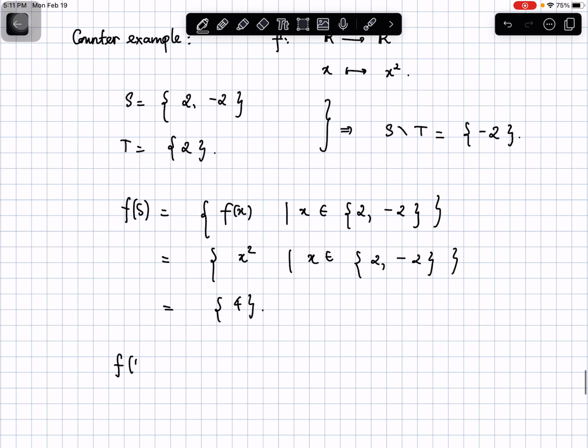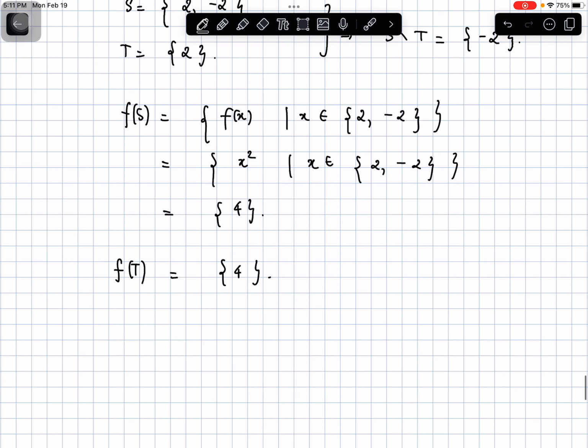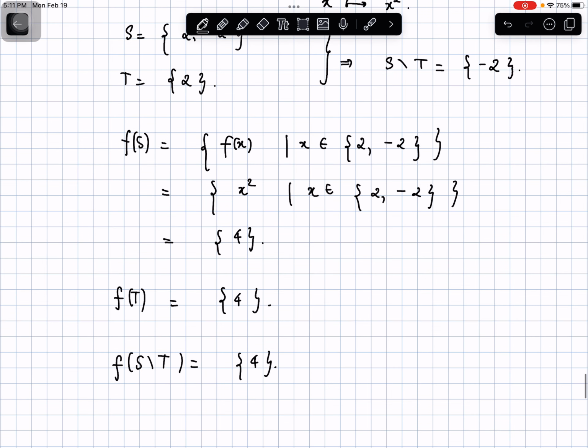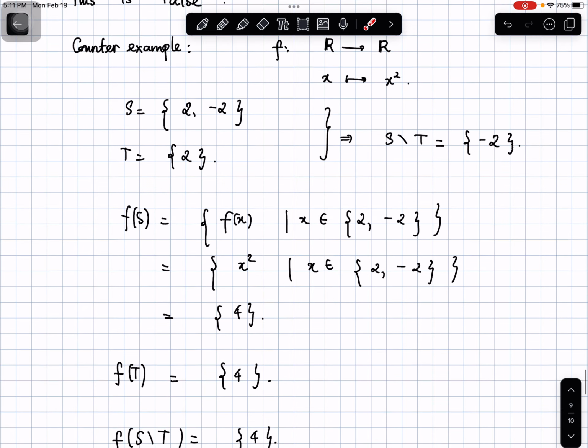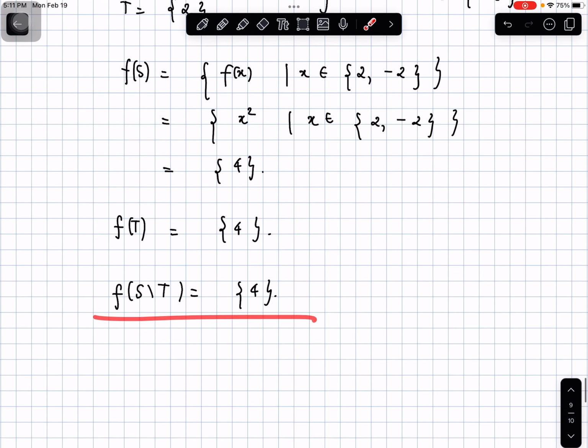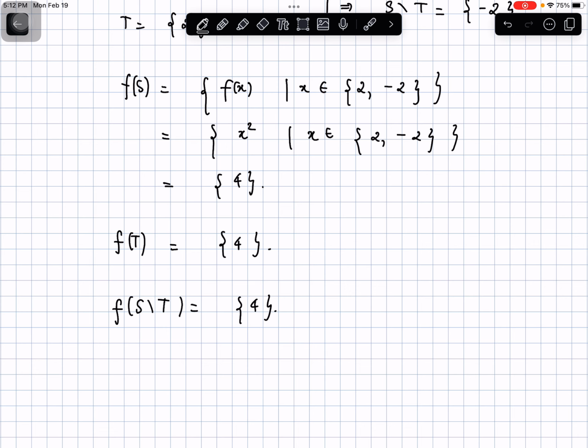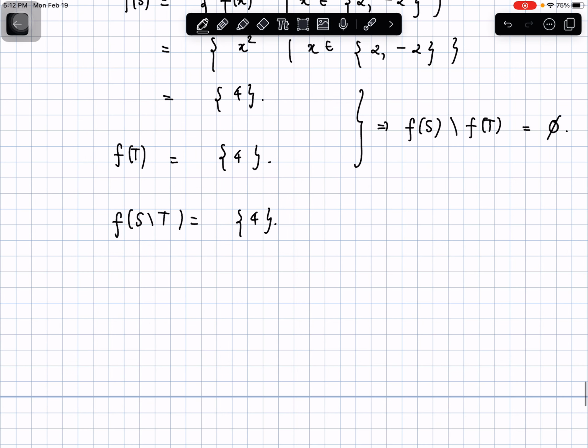And f(T) you can do similarly; you have {4}. f(S minus T) is also {4} because S minus T is {minus 2}. So you see here, f(S minus T), the left-hand side, is {4}. The right-hand side, f(S) minus f(T), is the set {4} minus the set {4}, so this is the empty set.